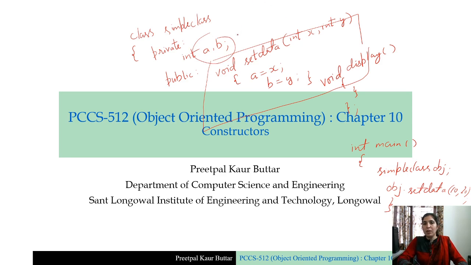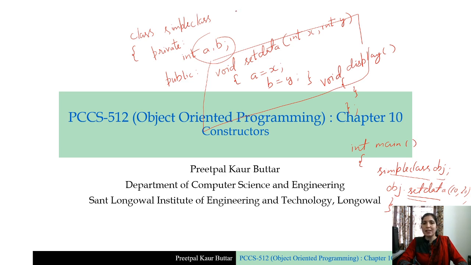What we want is, when we are creating the object of this simple class, we do not want to explicitly call set data. We want to initialize these values at the same moment when we are creating the object. And this is possible in C++. This is possible using the concept of constructors.